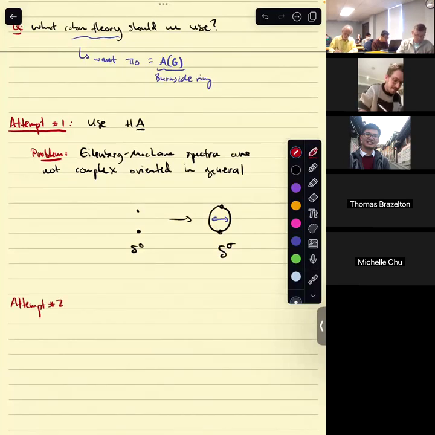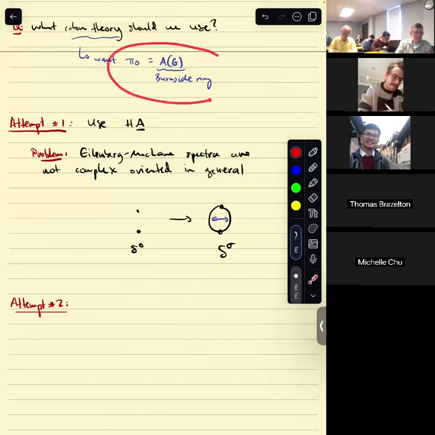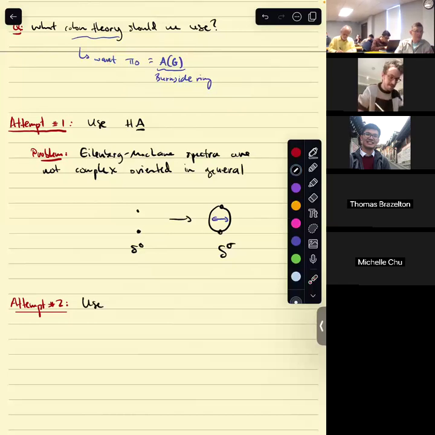And attempt number 2 is, yeah, was there a question? Oh, okay. Attempt number 2 is maybe let's slightly give up on this assumption that pi naught would be the Burnside ring. And let's just use basically the first ring spectrum that was shown to be complex oriented, which was by Segal, which is complex equivariant K theory.